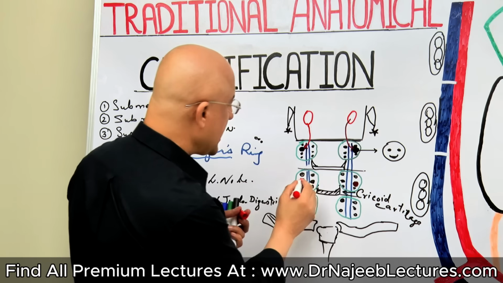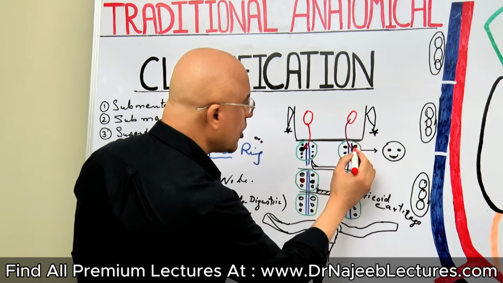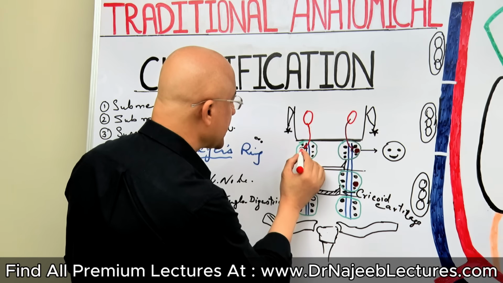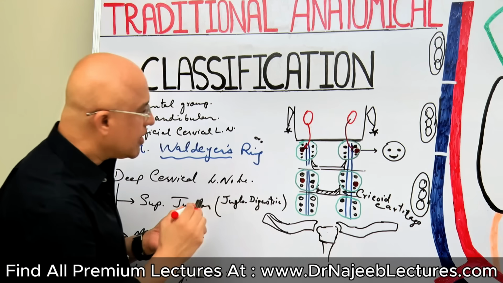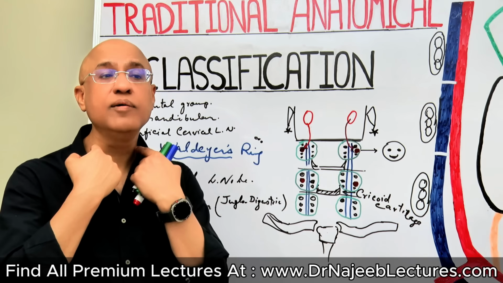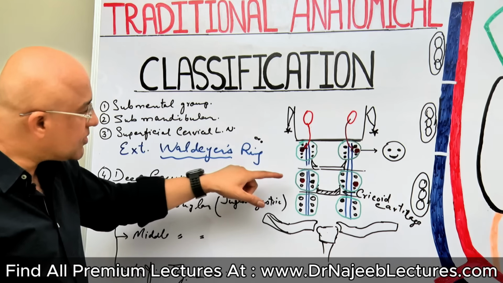And this lymph node, I have enlarged it. Here the most important was the jugulo-digastric, which is extremely important. I will make them red. Here is another very important lymph node in the middle jugular group.